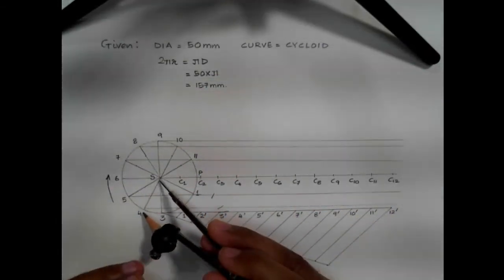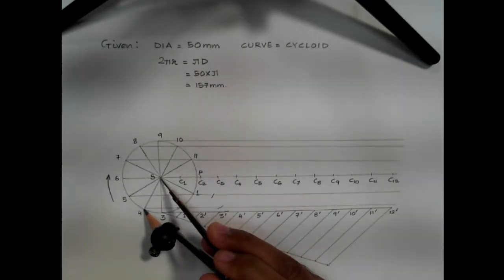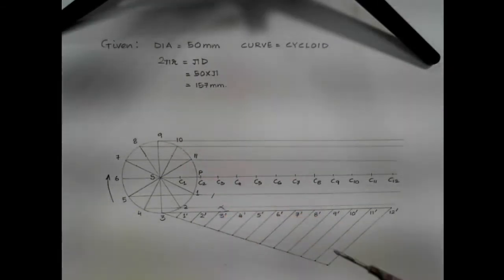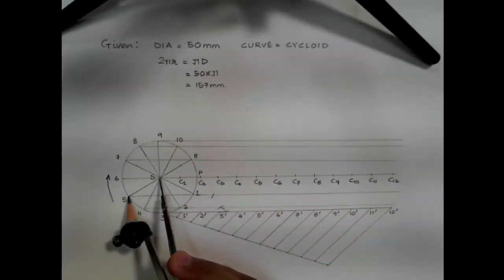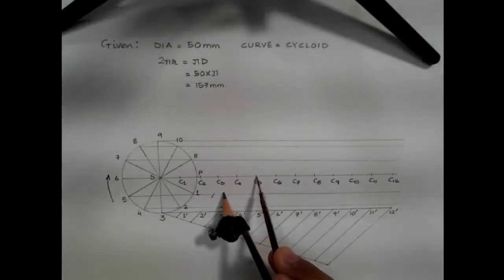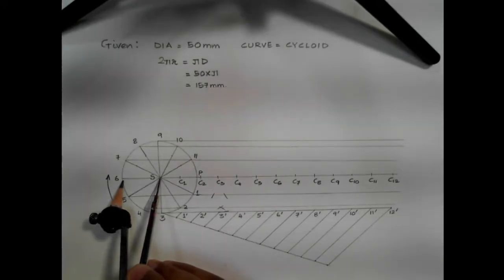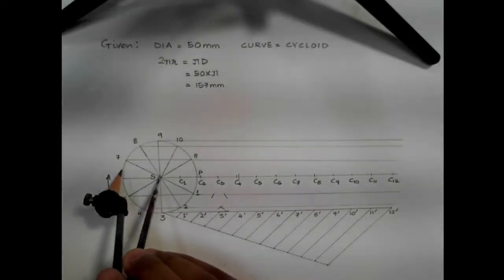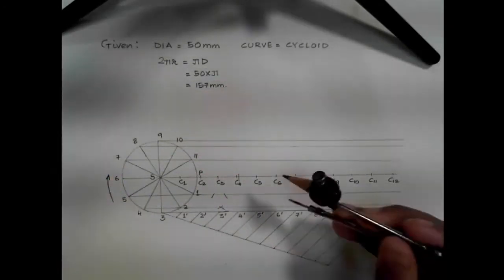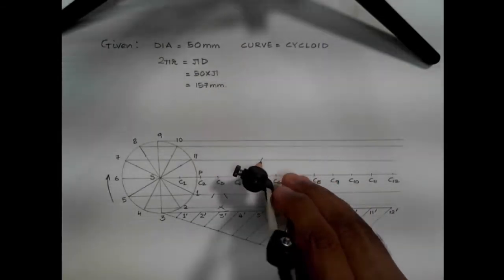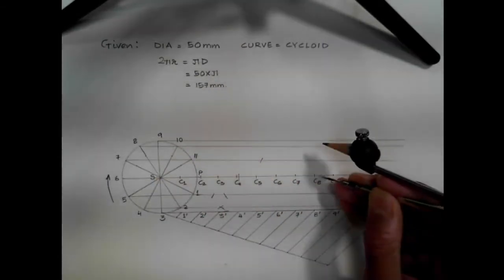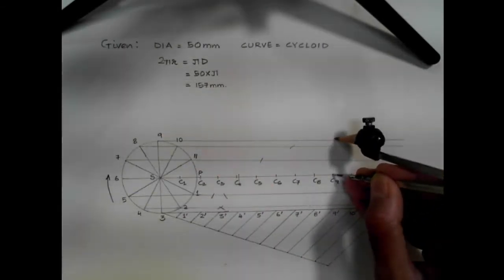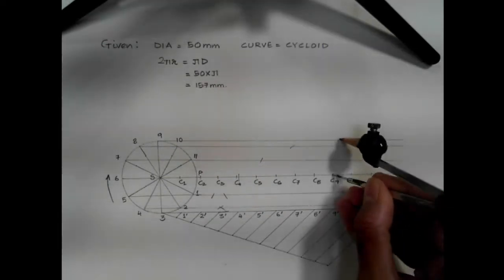Now C4, I have changed the orientation of my compass, then I'll go for C4 like this. Then C5, the 5th line, C6, the 6th line, the line which is passing through 6. Then S to 7, 7th line, S to 8, 8th line, S to 9, 9th line. Correct?